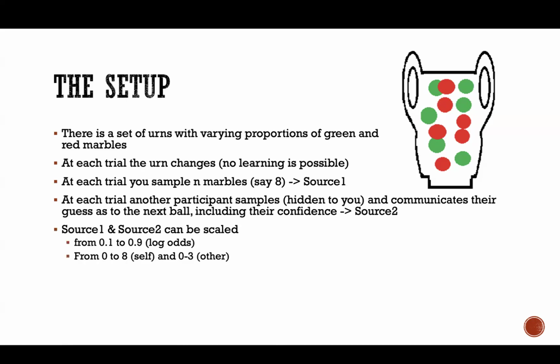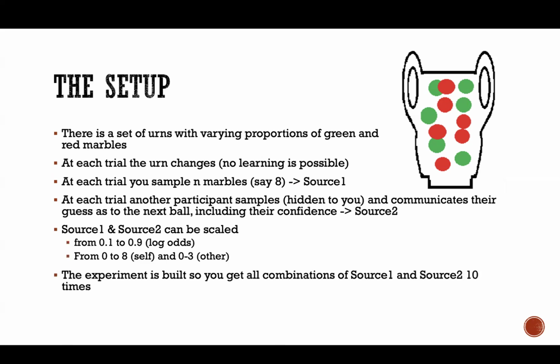And then we can decide, and we'll see examples of both, whether we rescale source 1 and source 2 in log odds, or whether we keep the amount of marbles in the self or source 1, and we rescale the other as 0 to 3. And the experiment in this case is built so that you get all combinations of source 1 and source 2 10 times.